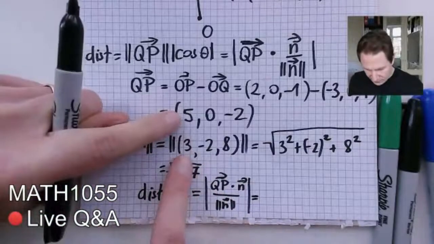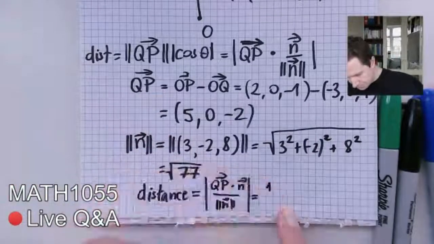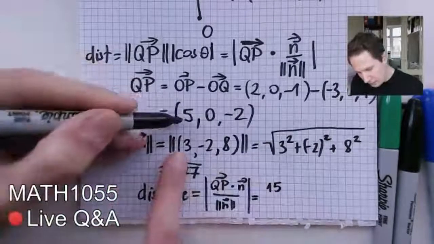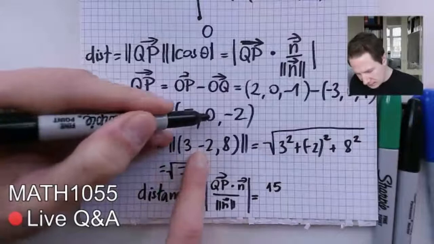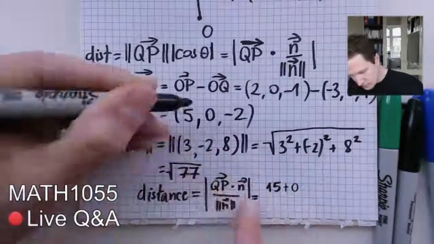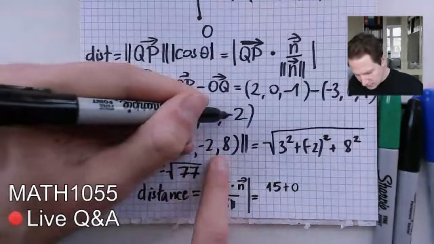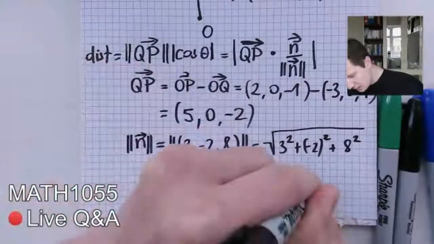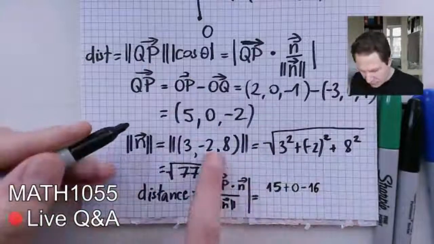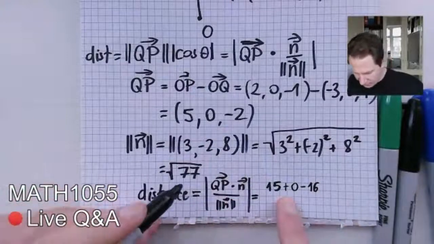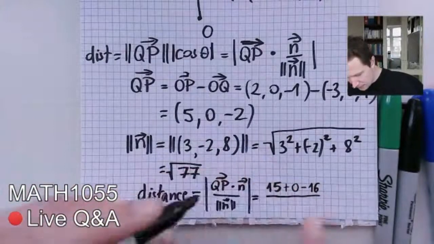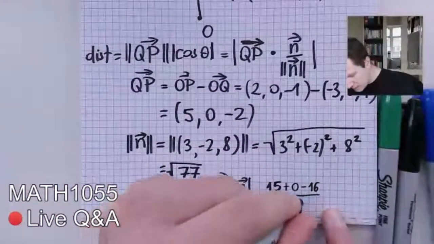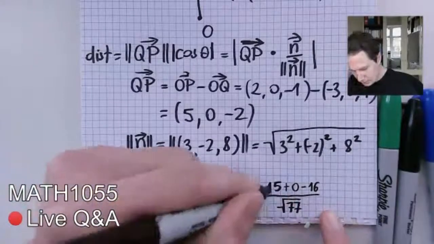Okay, so let's see. QP and n. Basically we have 15, so that's 5 times 3, plus 0 times minus 2, plus minus 16. So this is the scalar product of QP and n, divided by the length of n, which is root 77.